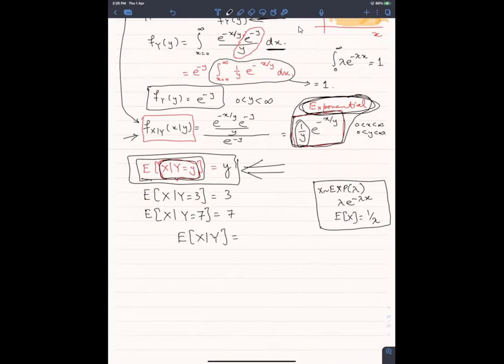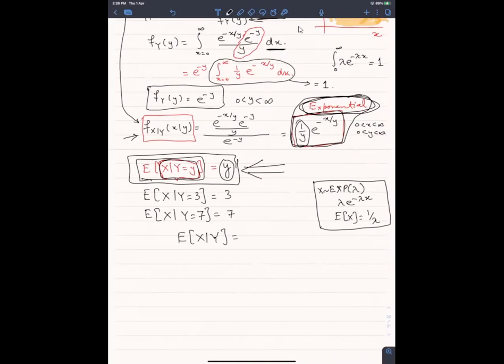We fixed a y, fixed it as a constant, so at that time you had this small y. Expected value of x given capital Y, not taking any specific value but just the random variable Y. What would be this?